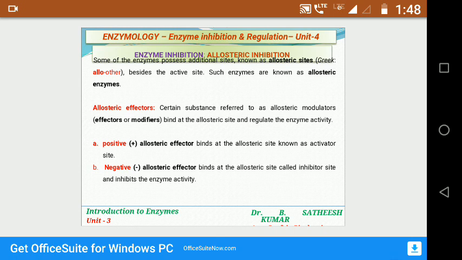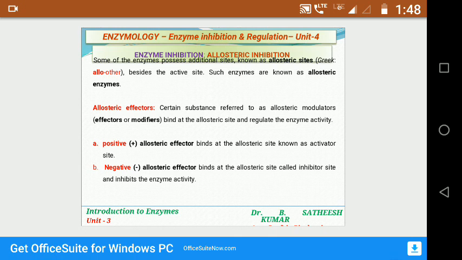That means the enzymes have more than one subunit, some subunits for catalytic activity and the remaining subunits for regulatory activity. So we will have regulatory subunits and catalytic subunits separately in allosteric enzymes.